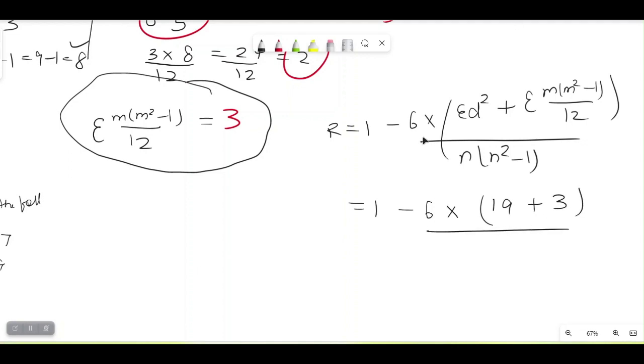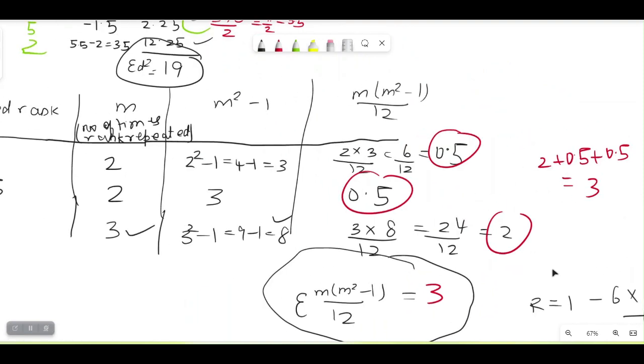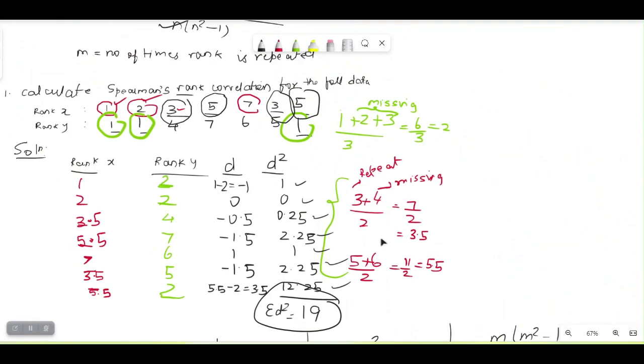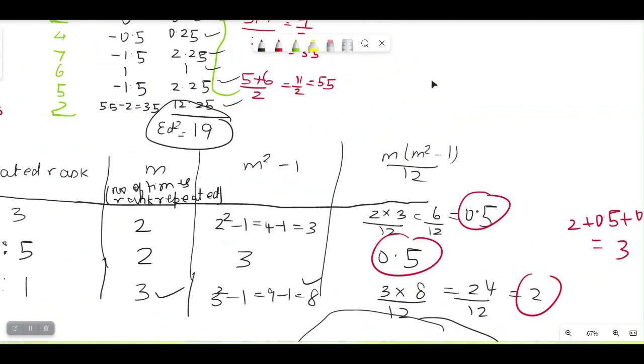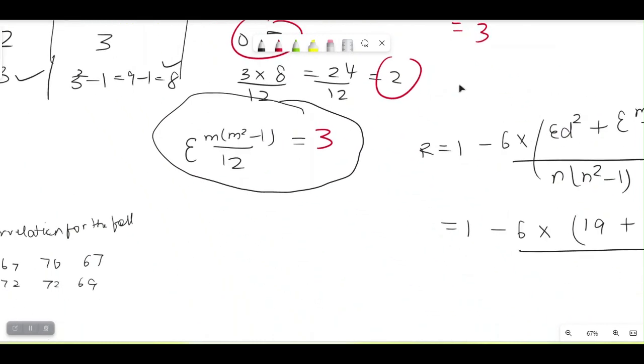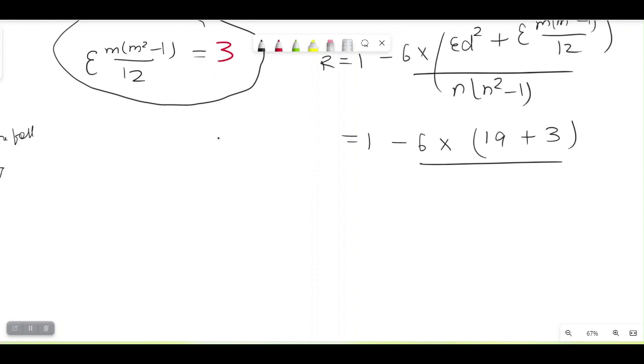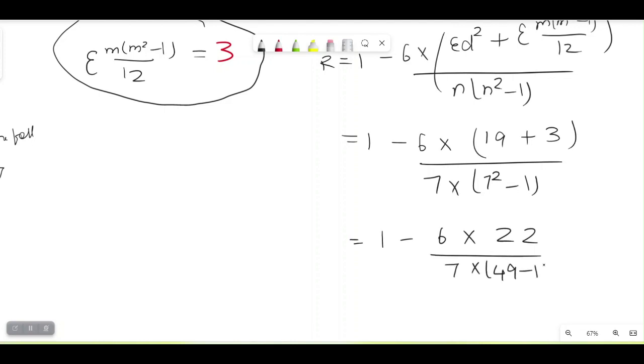N is number of observations. So if you look carefully in our question, we are given ranks of 7 items 1, 2, 3, 4, 5, 6, 7. So N will be 7. So here 7 will come into 7 square minus 1. So this is 1 minus 6 into 19 plus 3 is 22 upon 7 into 49 minus 1.